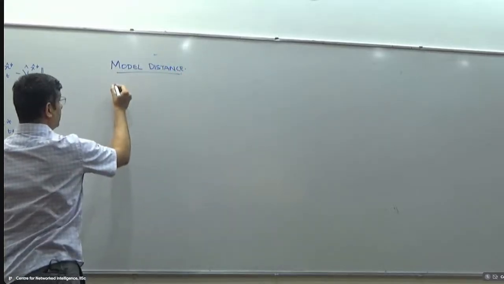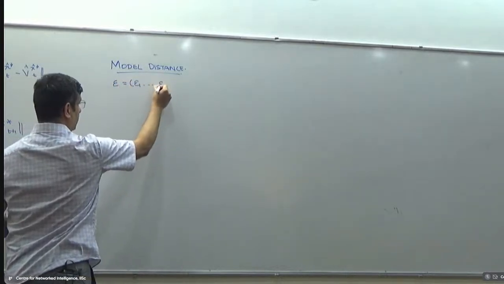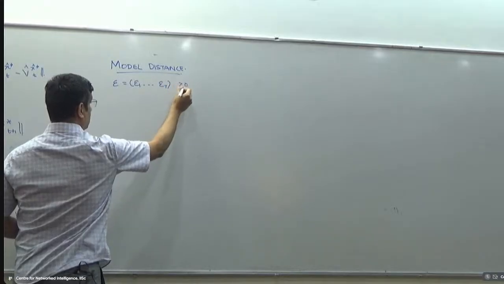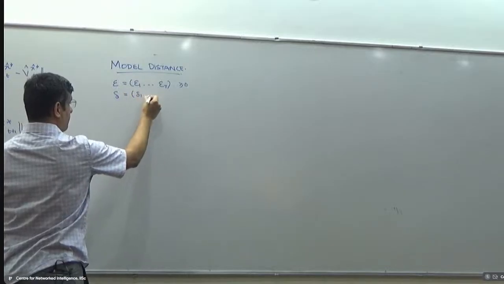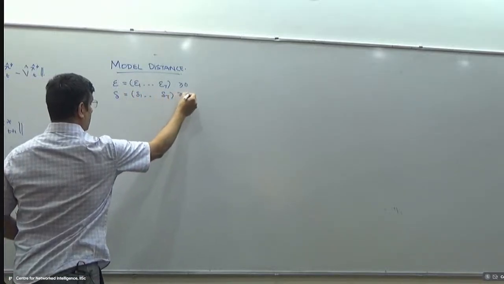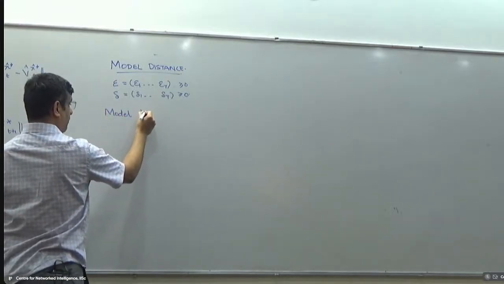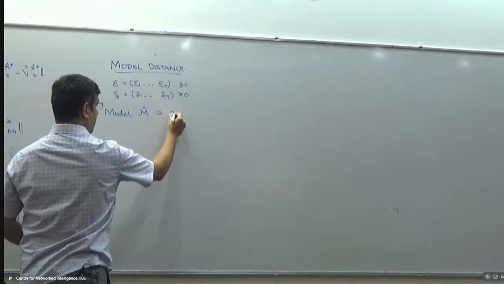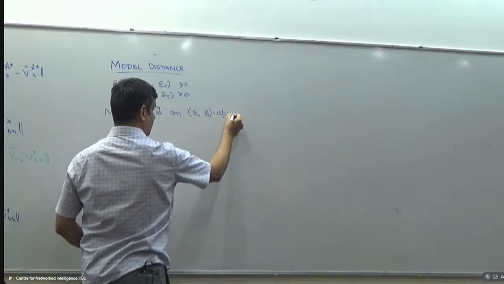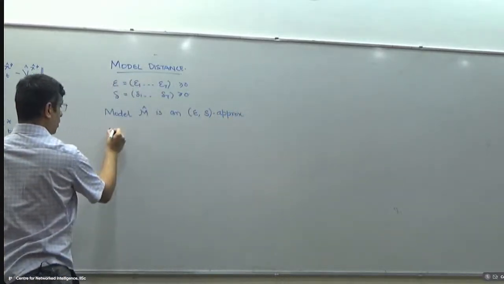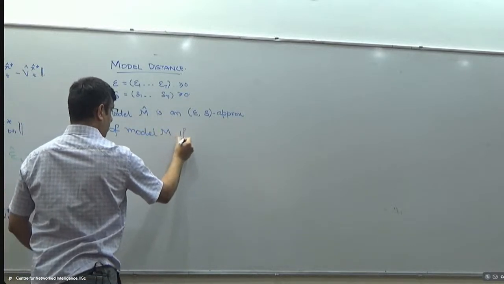I will say, given an epsilon, which is a vector of epsilons, all positive or maybe greater than or equal to 0, and a sequence of deltas, I will say model M hat is an epsilon-delta approximation of model M if the following is true.